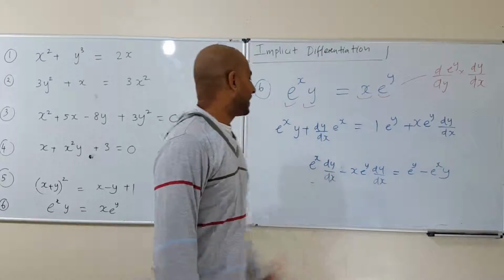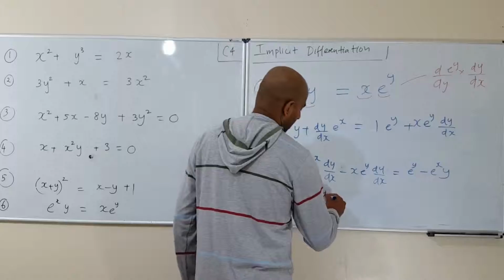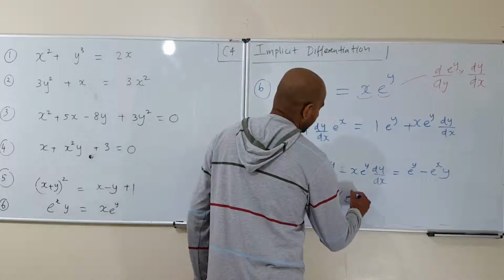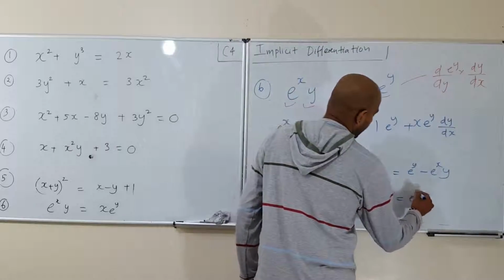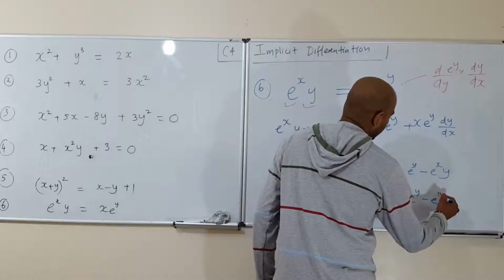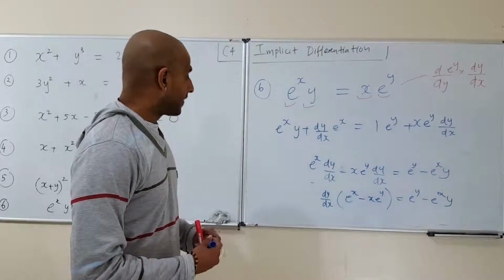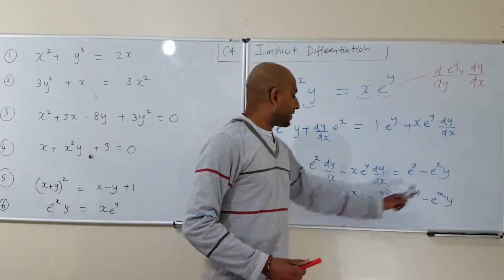Common factor dy/dx, take it out. So you're going to get (e^x minus x e^y) equals e^y minus e^x y. Okay, so basically we are taking the common factor here, and what is left is e^x and x e^y.